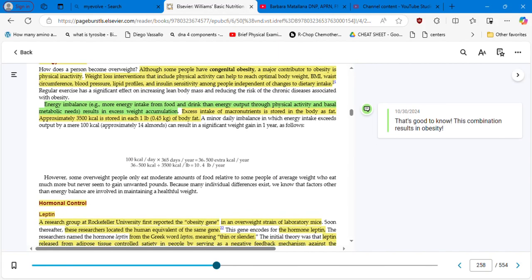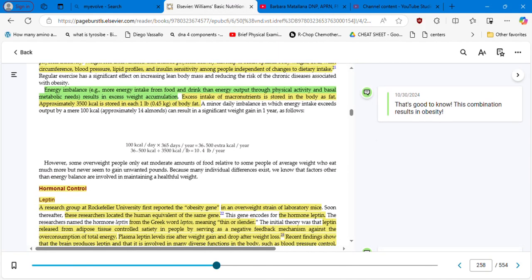So now energy imbalance, which is more energy intake from food and drink than energy output through physical activity and basal metabolic needs, results in excess weight accumulation. So if we have more intake than our physical activity, we are going to have weight accumulation.